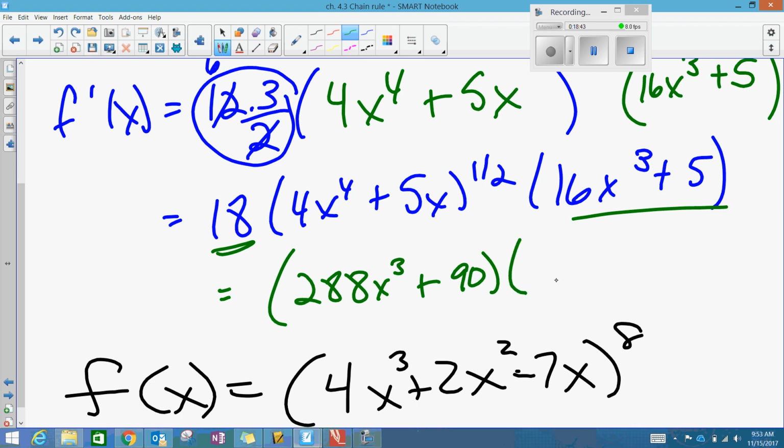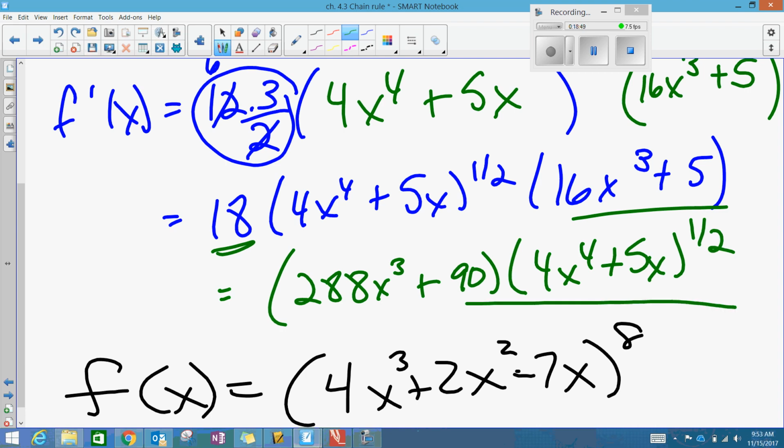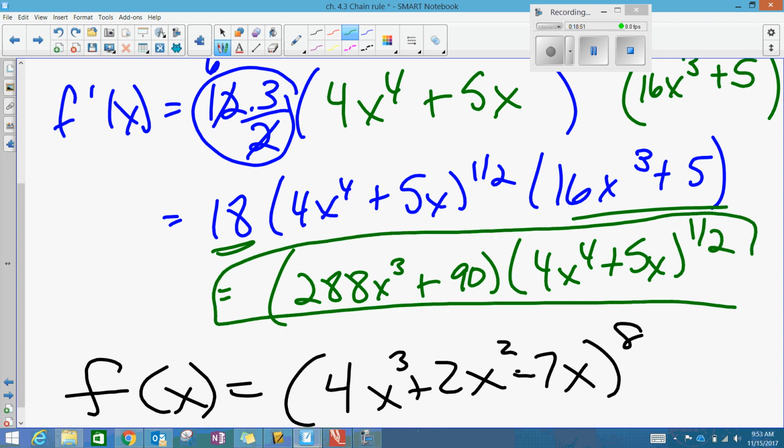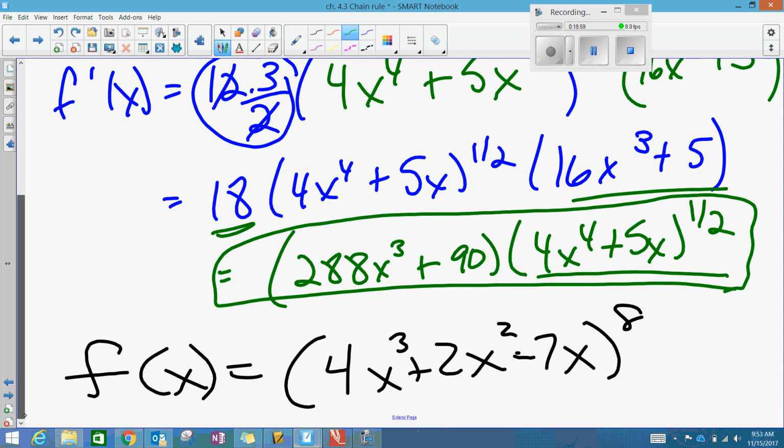And then times 4x to the 4th plus 5x to the 1/2. So when I have an expression taken to an exponent, you never want to distribute inside of that. So this, like I said, this piece has to stay the same. We can only, eventually we might reduce it with another of the exact same value expression inside, but we won't get to that right now.